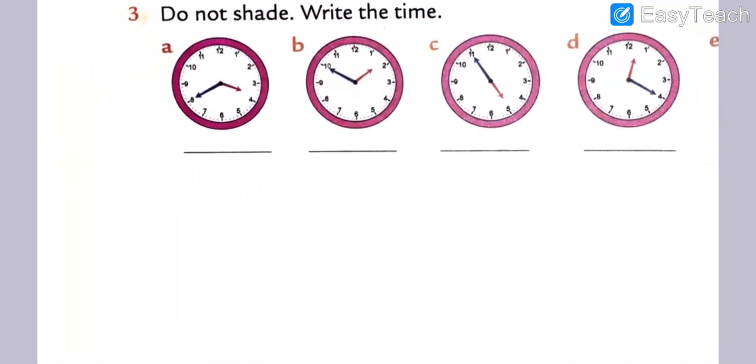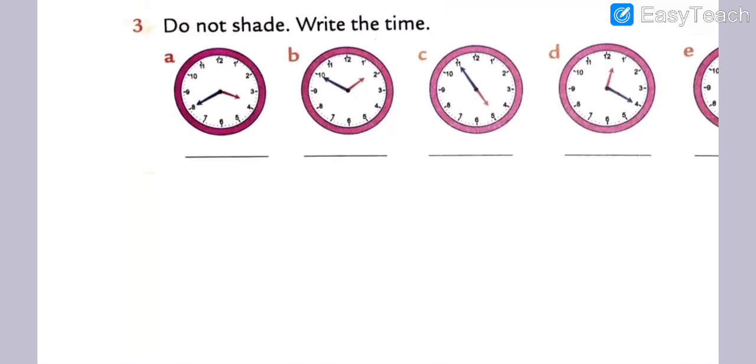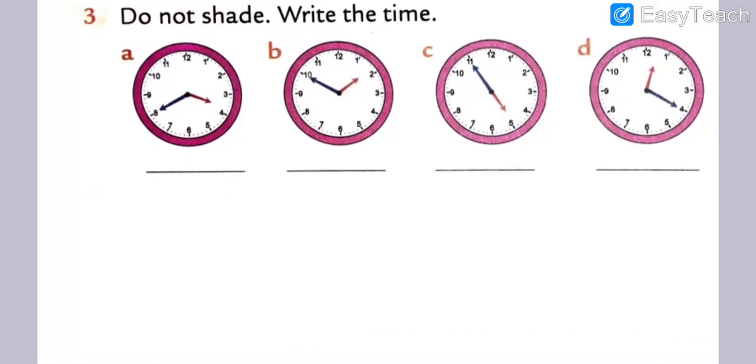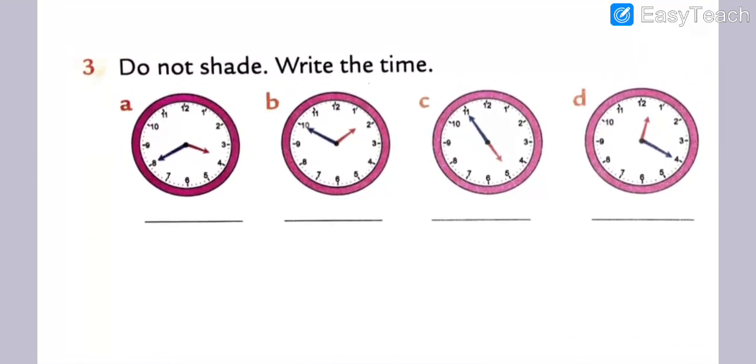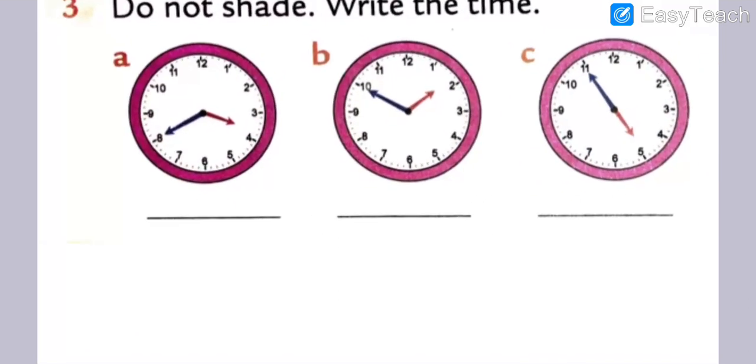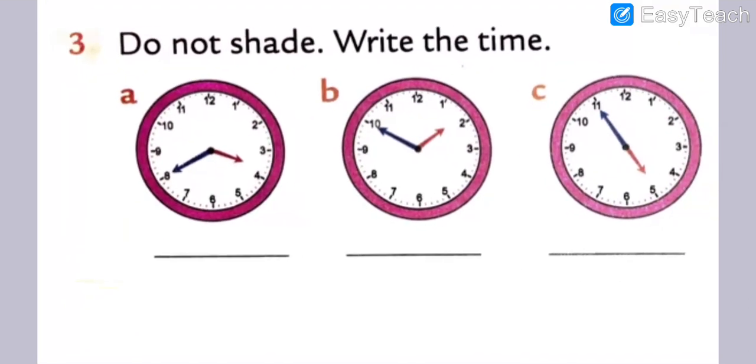Okay, first of all, here we will mention the time. Do not shade. We are going to mention a time here. First of all, I am taking the first one.